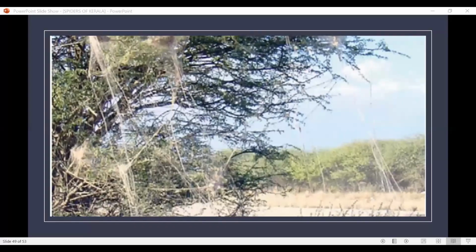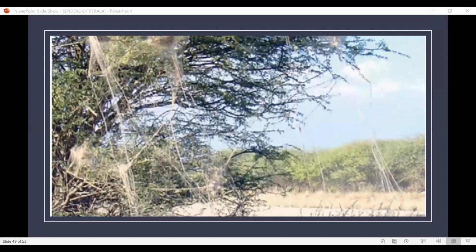You can see they are building a very huge web, so that there is a better chance that it can collect more prey. In order to increase the prey-capturing efficiency, they make a very giant web so that they can capture more insects. Having a larger web means they can subdue a larger prey, and also capture a greater number of prey.